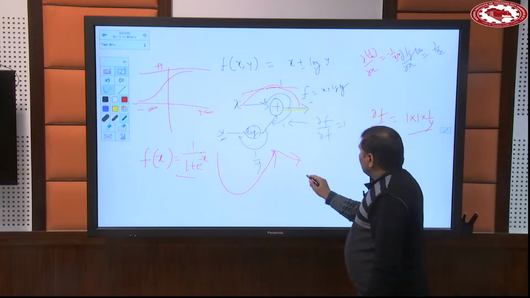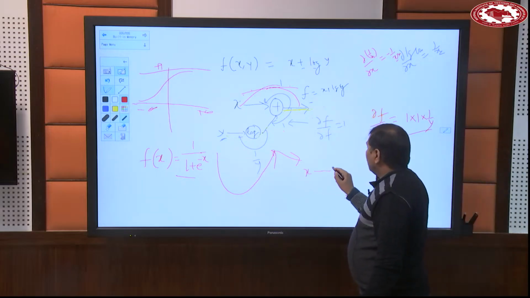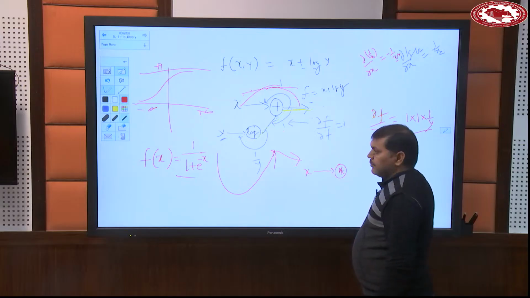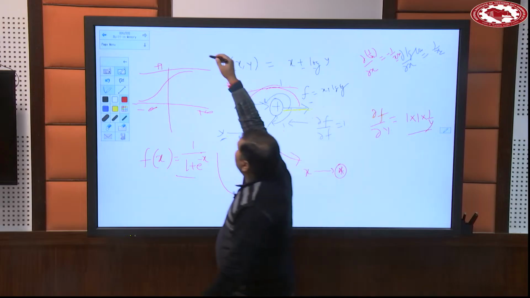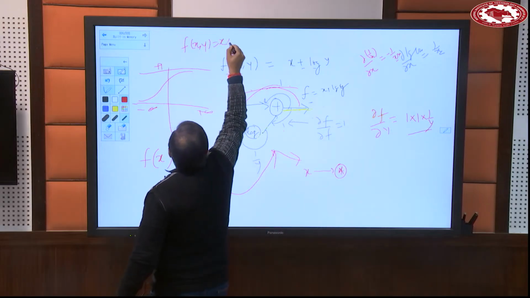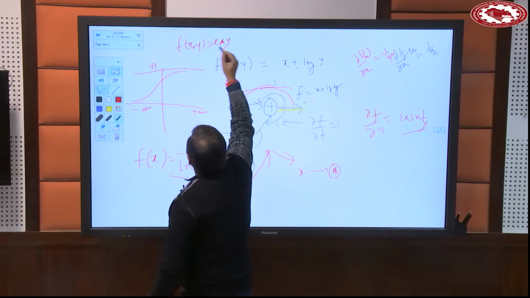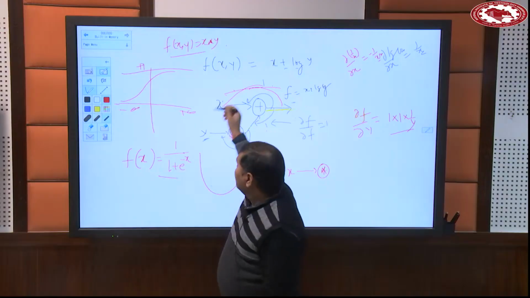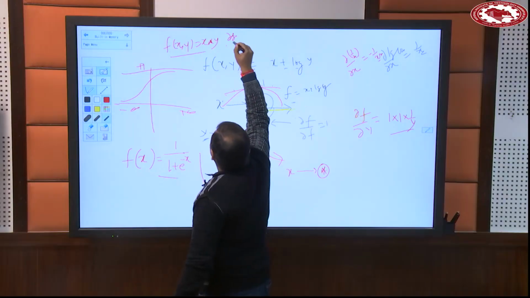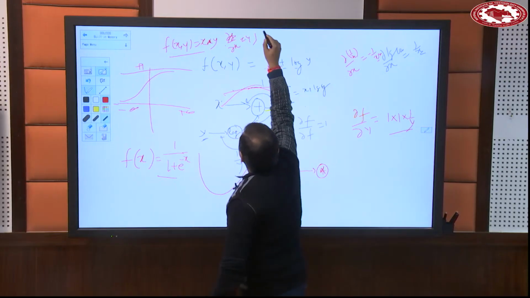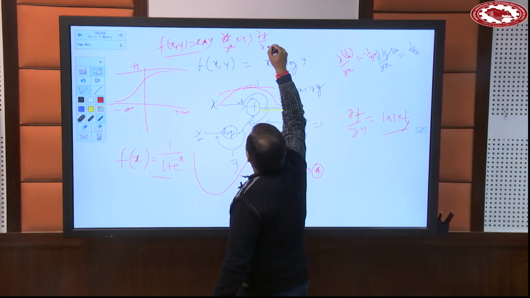So, x is the input, we have a multiplier here, this is a multiplication symbol. Suppose you have f of x, y equal to x into y. You know that the gradient of f with respect to x is y, and the gradient of f with respect to y is x.